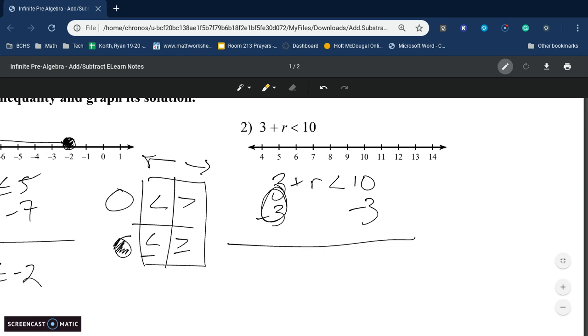We want to get the variable by itself, so that's the number that we want to get rid of. We want to get rid of the 3 because the 3 is next to the variable. R is now less than 7. Open circle. Going to the left.